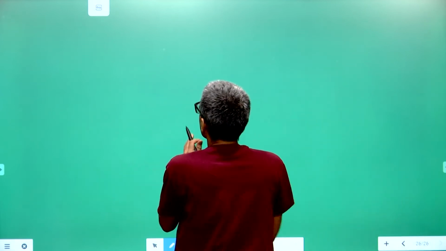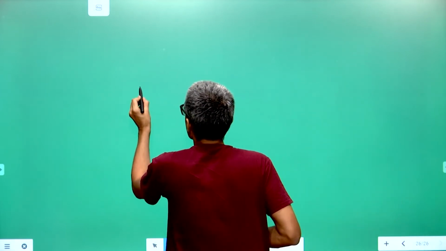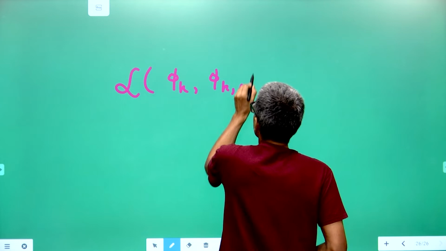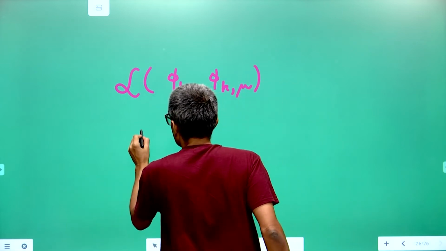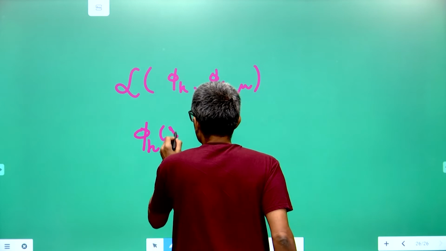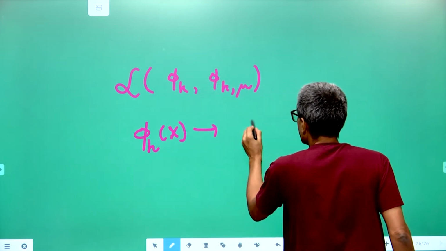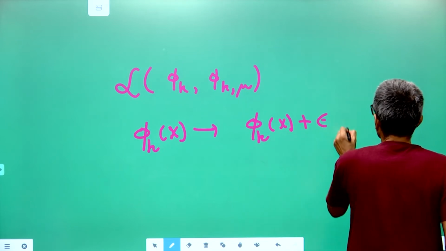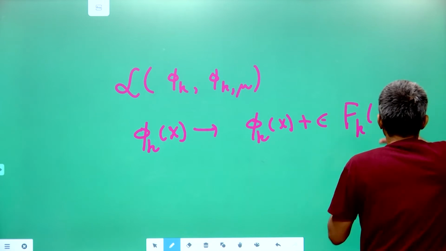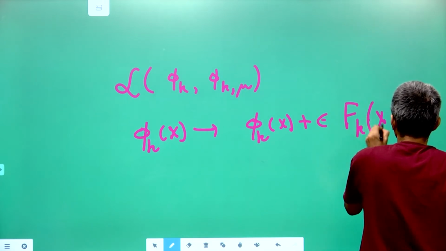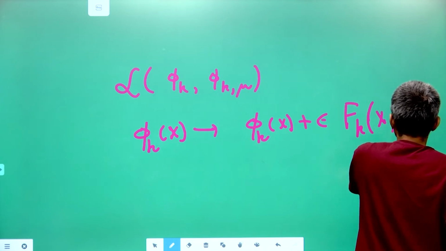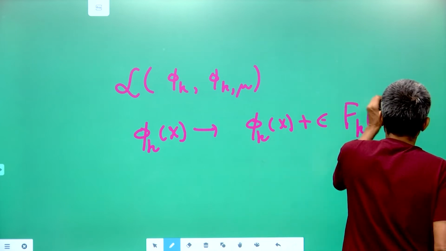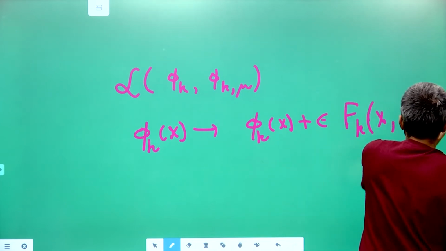More generally, suppose you have a Lagrangian like this which depends on the fields φ_k and their first order partial derivatives, and suppose under an infinitesimal transformation, φ_k of x goes to φ_k of x plus ε f_k, where ε is a small parameter and f_k is a function of x and also of φ_k at a given time t. So φ_k(x) means t and r, so at a given t and r', as r' varies over all r.